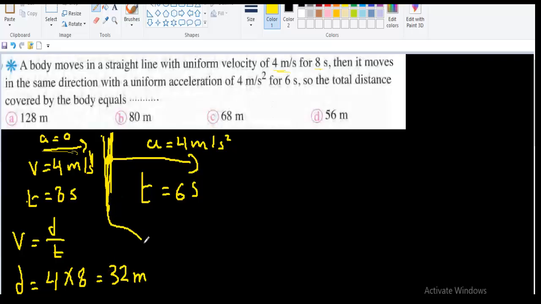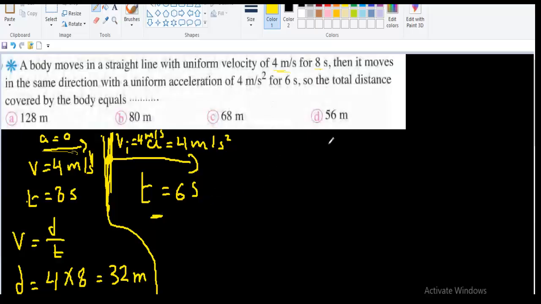In the second period, there is acceleration, and we have initial velocity, which is 4 meters per second. The velocity we will start with was the velocity that the body was moving with. So the initial velocity is 4 meters per second, and the time is 6 seconds.